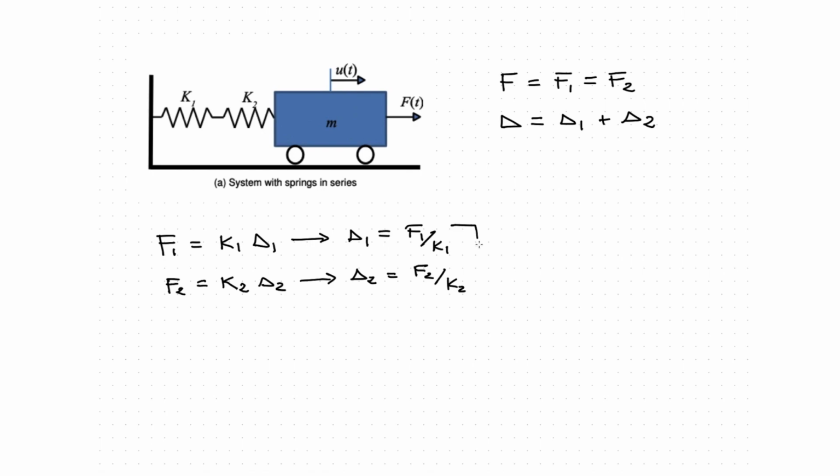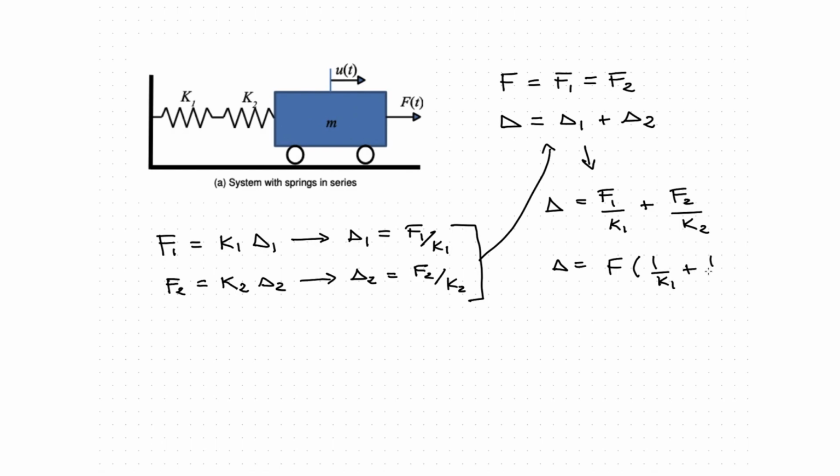If we now substitute these two into the above expression, we have delta equals F1 over K1 plus F2 over K2. And realizing that F1 and F2 are both equal to F, the total displacement delta can become F times 1 over K1 plus 1 over K2.